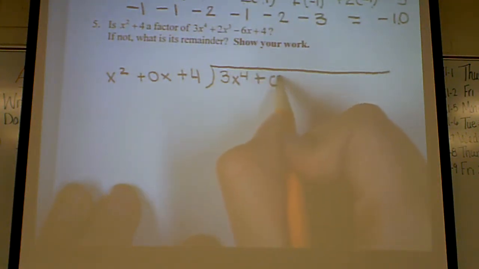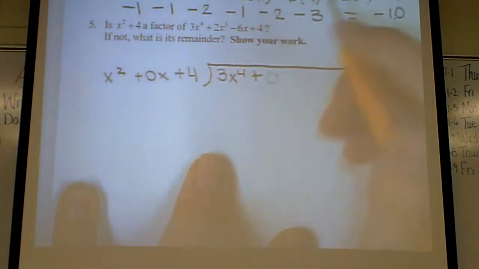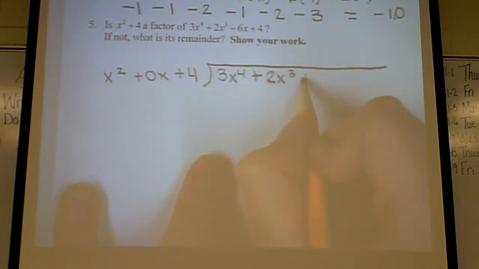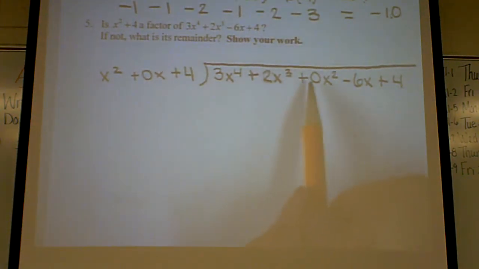No. We have to write this first. This is 2x cubed. I don't have an x squared, so I do 0x squared minus 6x plus 4. Does everyone see that? I added this term in here for a placeholder.